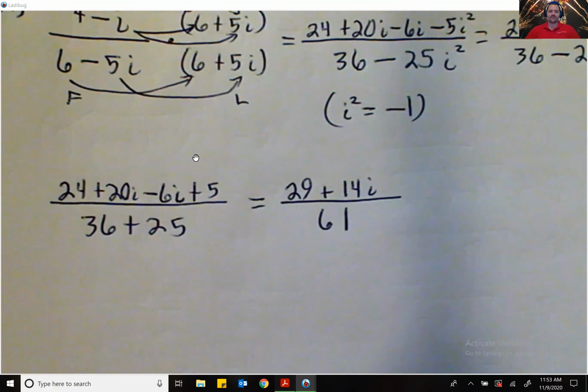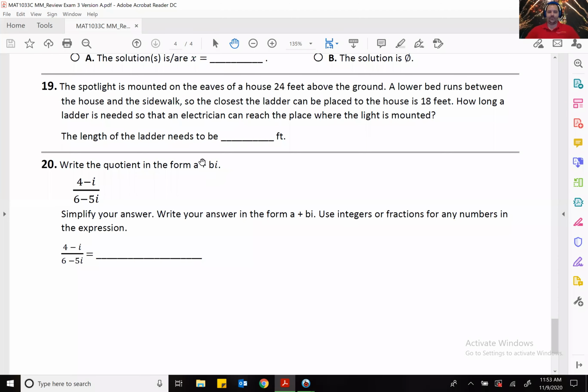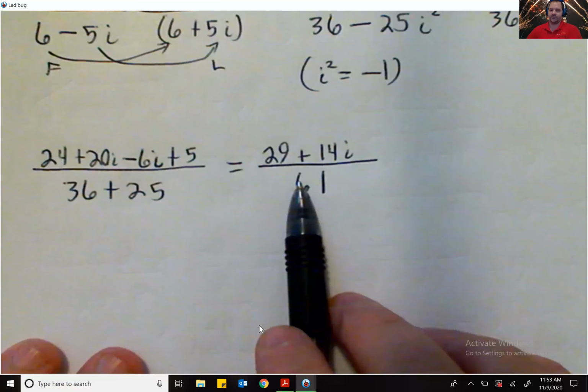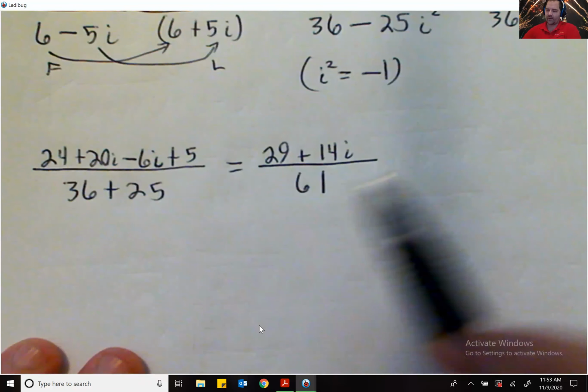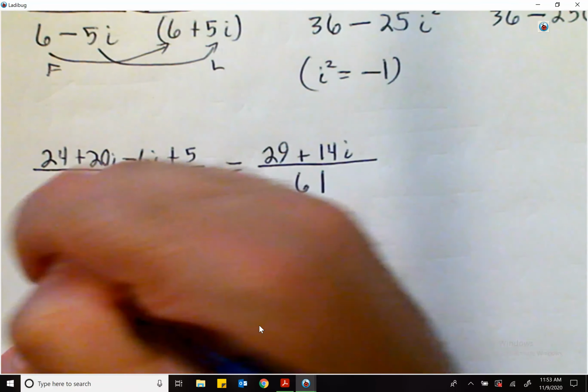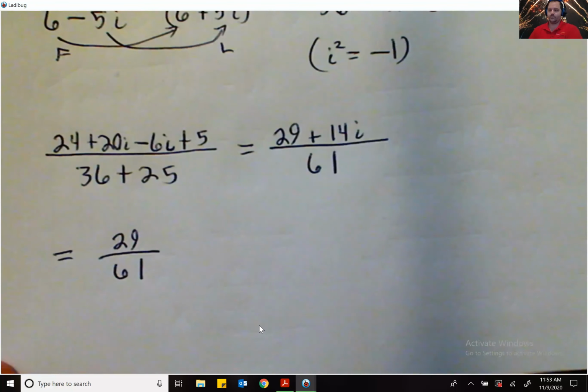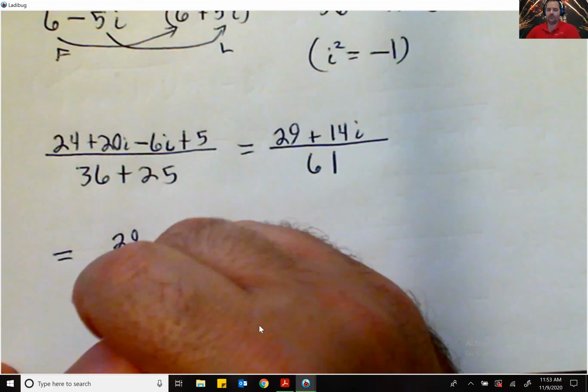Our answer has to look like a plus bi. So what we're going to do is separate this into the two fractions. One of your fractions will be 29 over 61. This is what we call a.